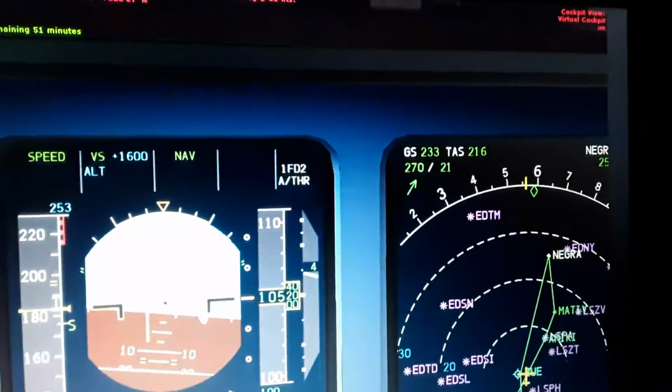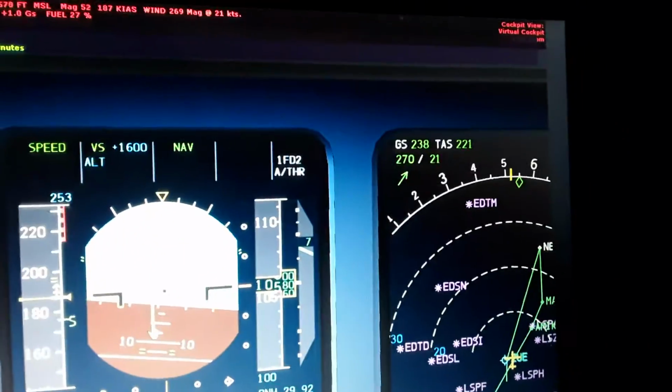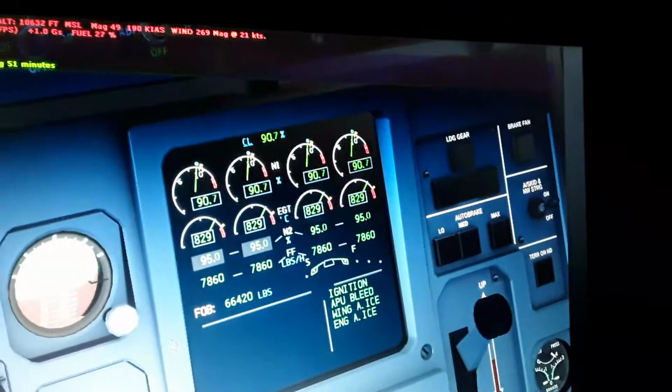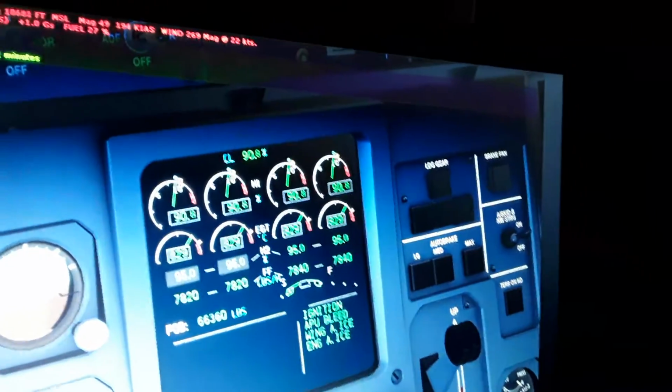So I'm going to retract the flaps a little bit further to have more margin for airspeed, because my engines right now produce a lot of thrust, 90.8% in the climb mode.